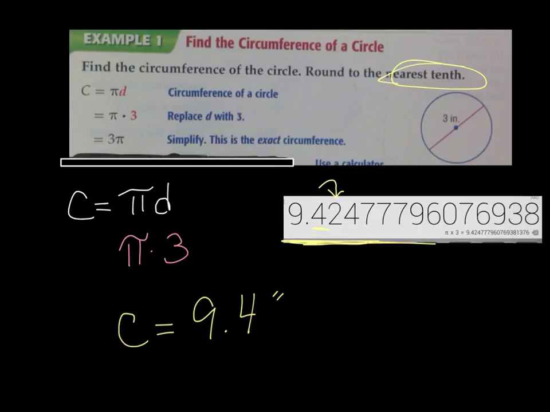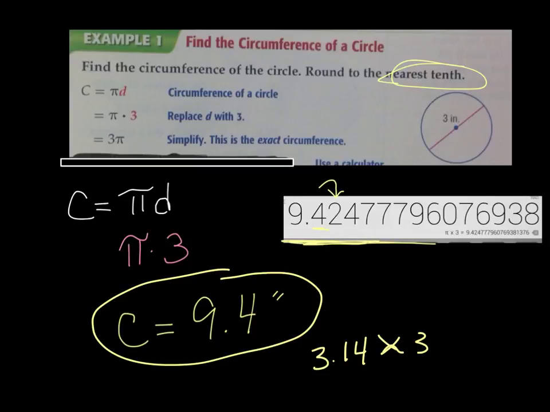Now, if your calculator does not have the pi key, just use 3.14 times, in this case, 3. And that will get you your answer as well. If you find when you're looking at the answers in the answer key that you're 1/10 off when you rounded, it's because they used 3.14 and you're using 3.1415, on and on and on.